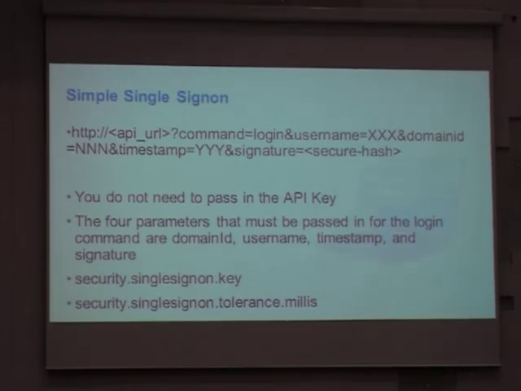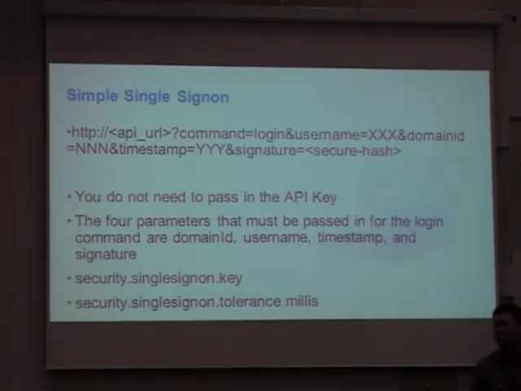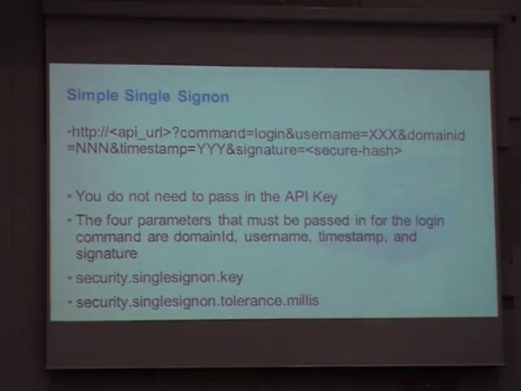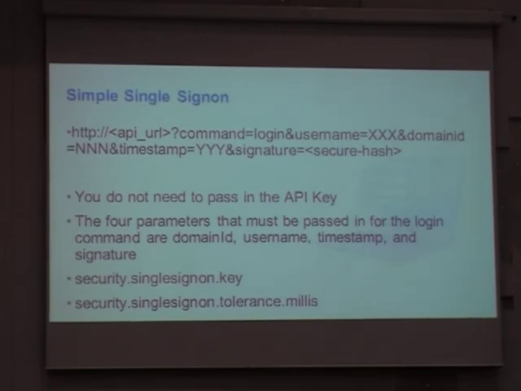So to do this, there is a key called single sign-on by session key somewhere in the global settings that is generated. It generates a key once, and that key is something that you would share with the external portal. What happens today is, in order to single sign in, you would make the same login command that everyone else uses, except that you don't have to pass in the password.